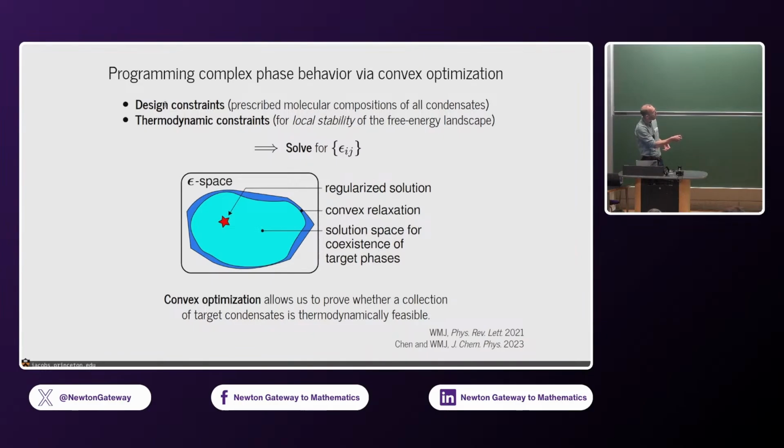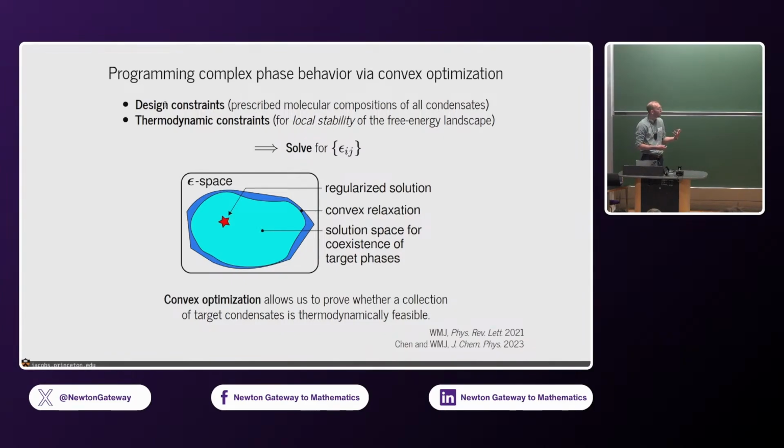Essentially, if you think about this very high-dimensional space of interaction matrices, we are going to try to solve for a slightly larger region, which will allow us to prove whether a particular set of phase compositions is possible or not.